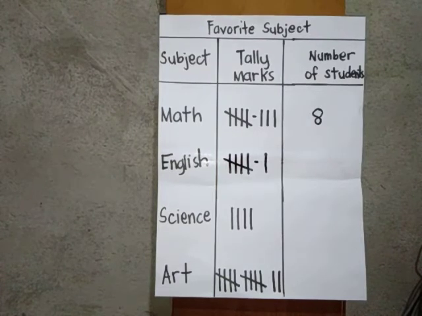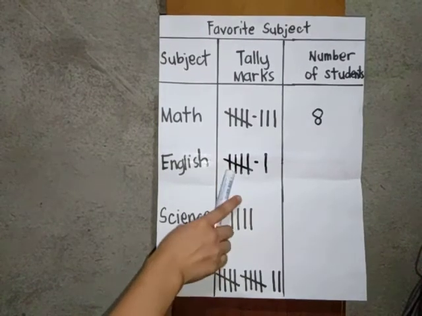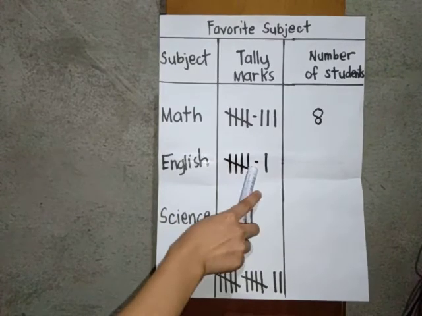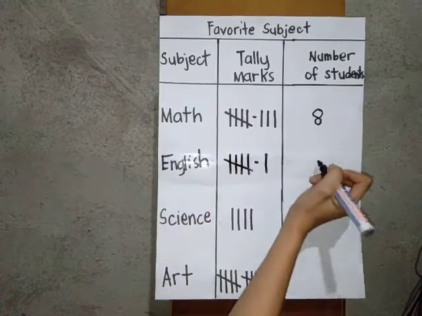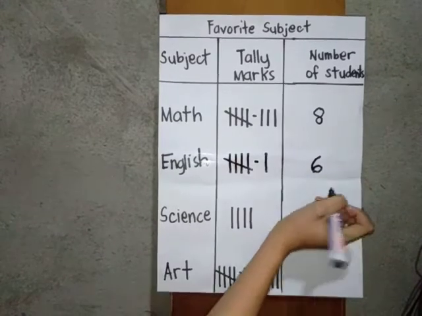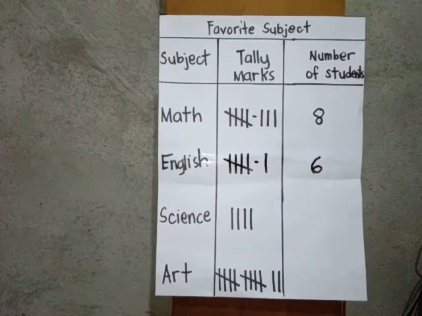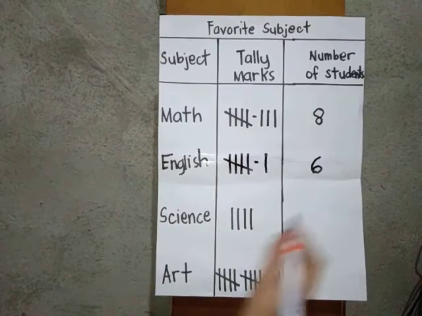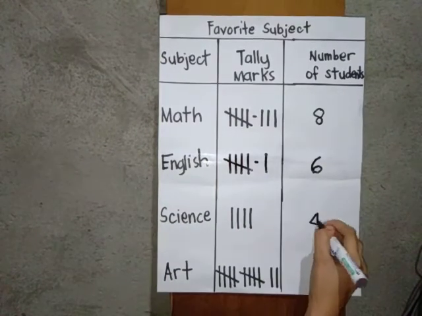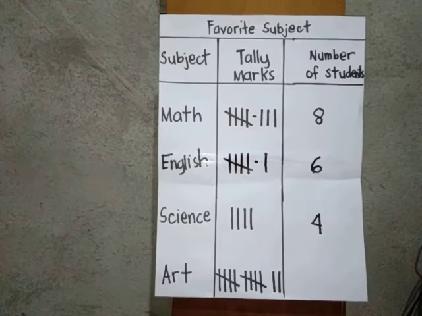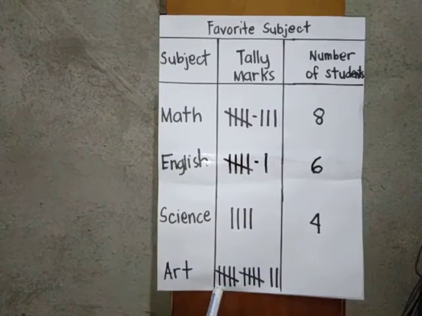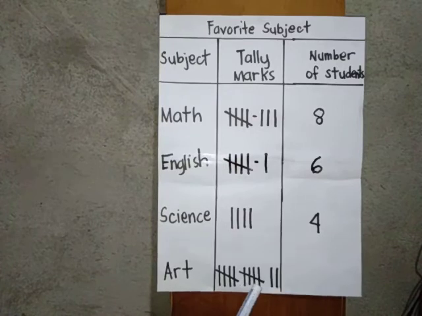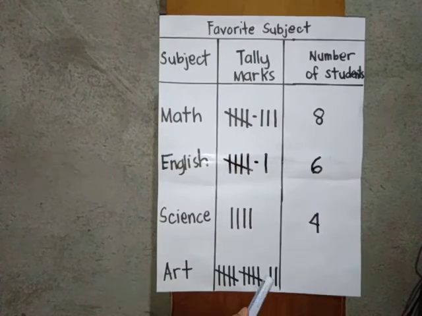How about in English? 1, 2, 3, 4, 5, 6. In English, there are 6 students. And in science, 1, 2, 3, 4. So there are 4 students in science. And on the last subject, which is art, 1, 2, 3, 4, 5, 6, 7, 8, 9, 10, 11, 12.